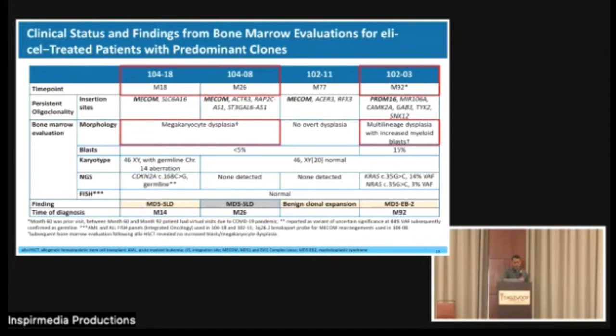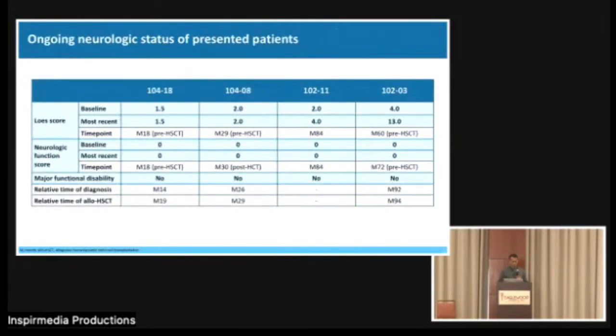And they've required now a second transplant. But what I want to point out is that all of these boys have remained neurologically stable, okay? It's actually not affected their neurologic function to date, and they still have a 0 on their neurologic function score, which means they don't have any symptoms. So that has been a big relief for me as a neurologist.